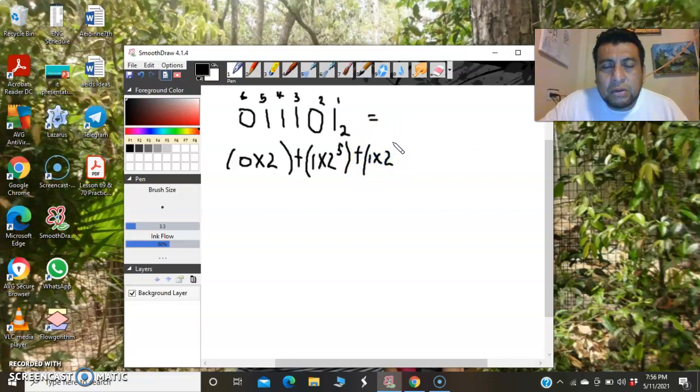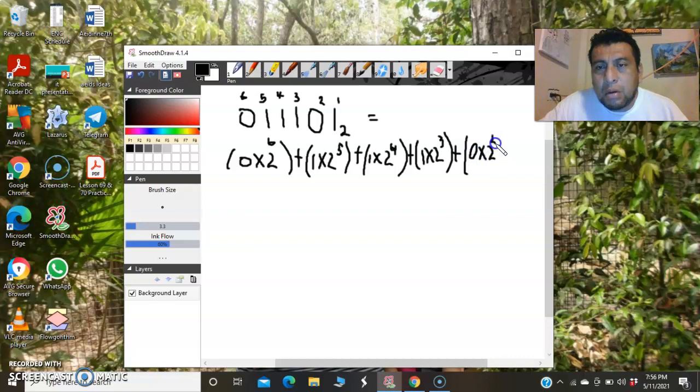Remember it's binary, so it's base 2. So I forgot to write this one here, to the 6, in brackets, plus here another 1 times 2 to the 3rd power, then another 0 times 2 to the 2nd power.